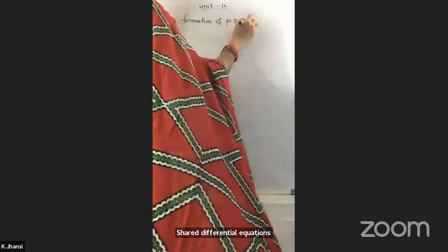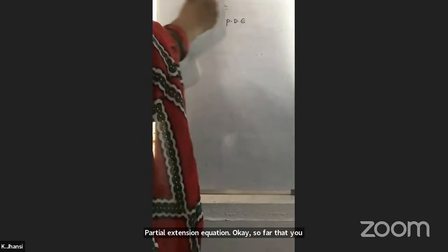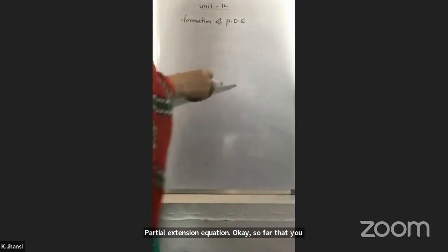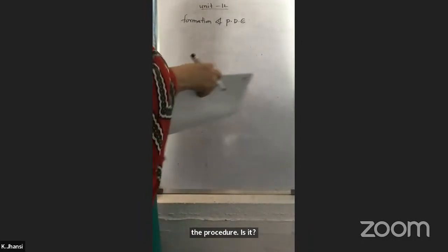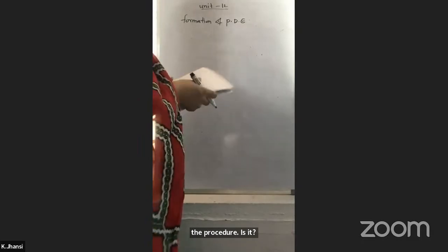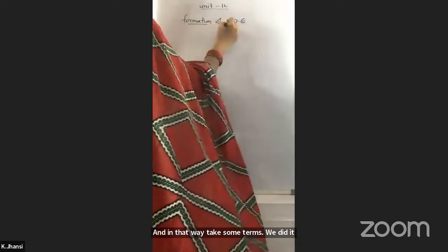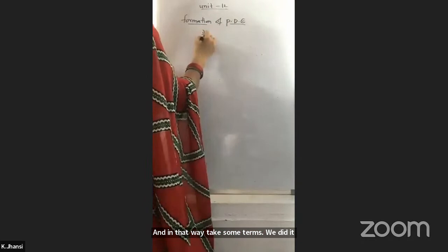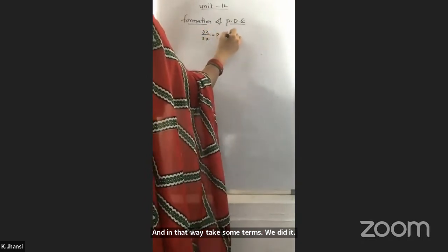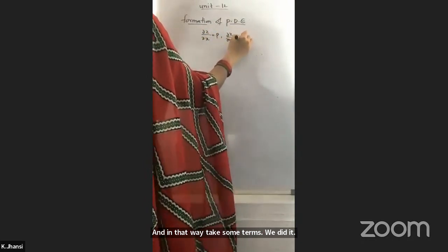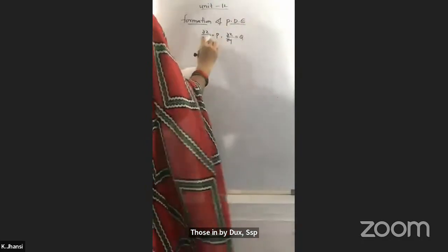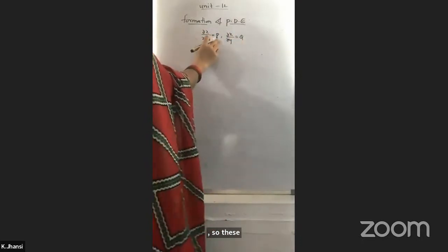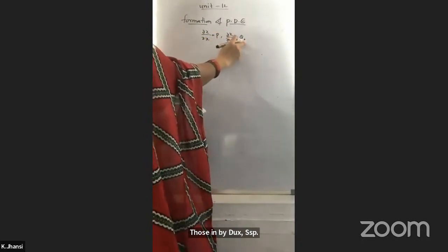For that there is a procedure, and some terms will be used. We will write ∂z/∂x as P and ∂z/∂y as Q, that is small q or capital Q, anything. These 2 are important: ∂z/∂x we take as P and ∂z/∂y equals Q.